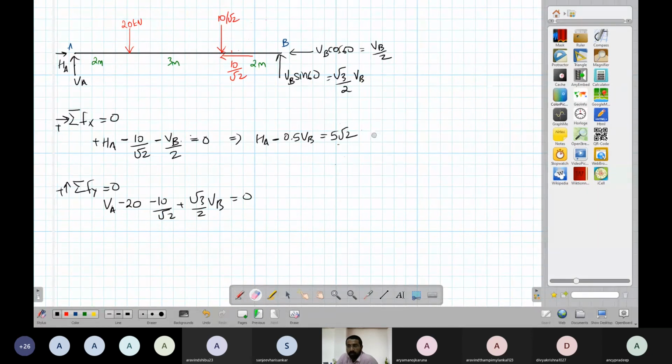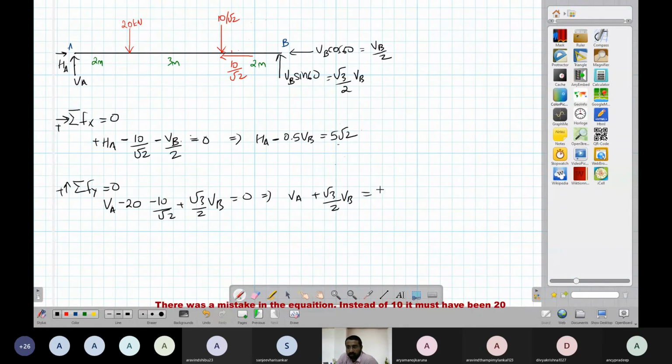Here also we can simplify this: VA plus root 3 by 2 VB equal to 10 plus 5 root 2, since 10 by root 2 is nothing but 5 root 2.